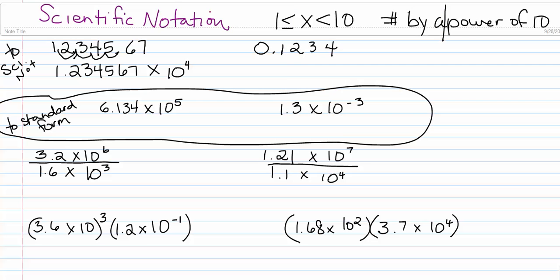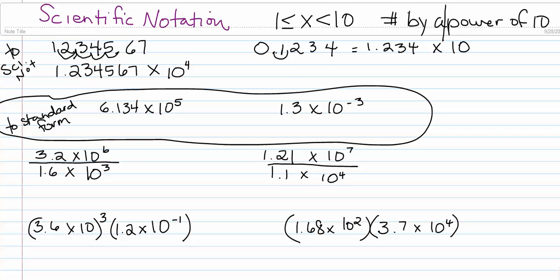Okay, in the next example, I'm starting with a pretty small number. I have 1,234 10,000ths. In scientific notation, it needs to be a number between 1 and 10. This number is less than 1. So if I move the decimal point here, I now have 1.234, or 1 and 234 thousandths. That is a number between 1 and 10, and I need to multiply it by a power of 10.